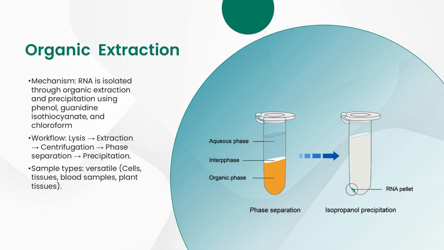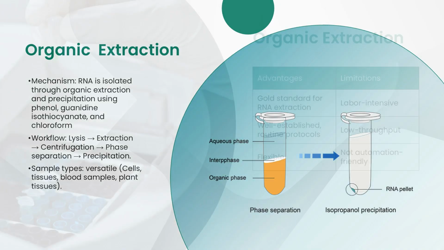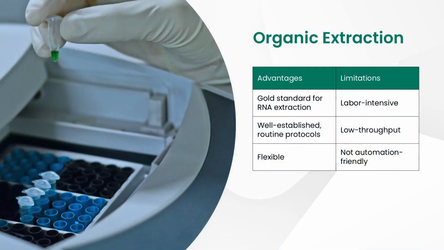Organic extraction works with many sample types, including cultured cells, tissues, blood, and even plant material. It is highly reliable for removing proteins, and the denaturation occurs quickly, which stabilizes RNA immediately. However, there are limitations. The process is labor-intensive, low throughput, and not automation-friendly.